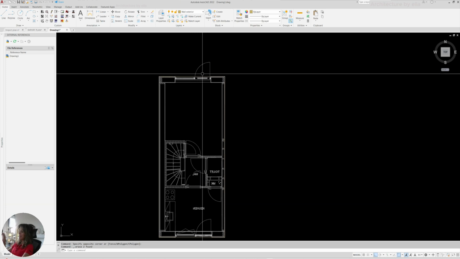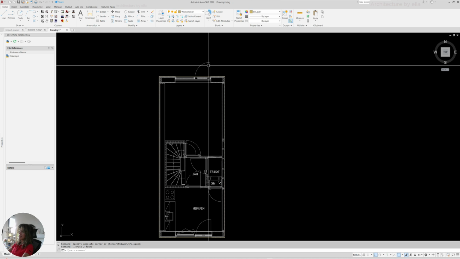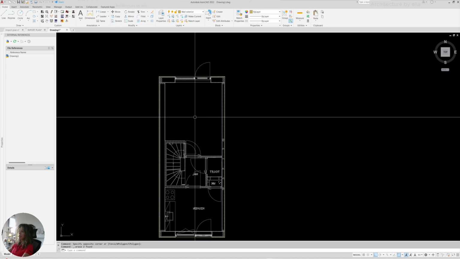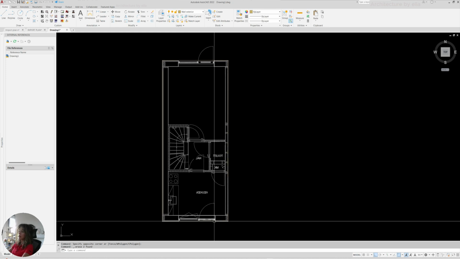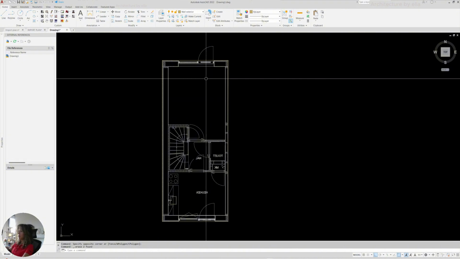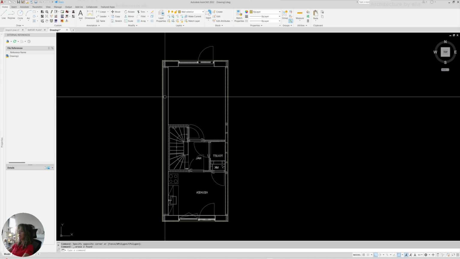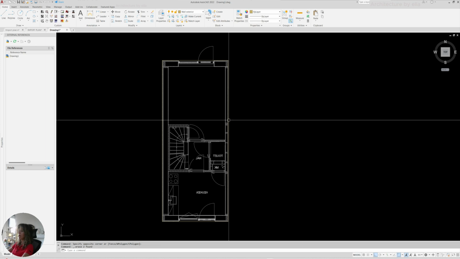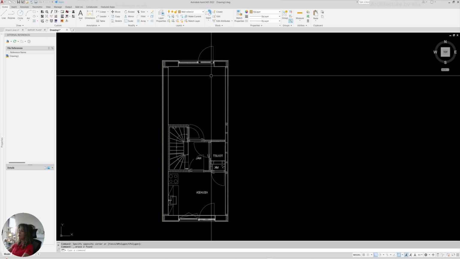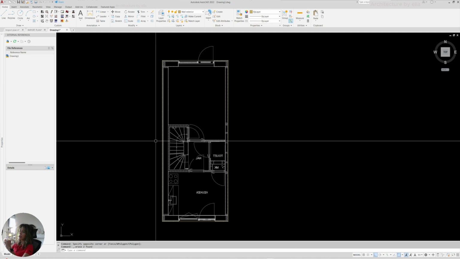I didn't like the fact that the entrance was directly into the living room and the kitchen. So I sent the main entrance to the side as I transferred this exterior wall to the side and moved the interior wall to the other side.